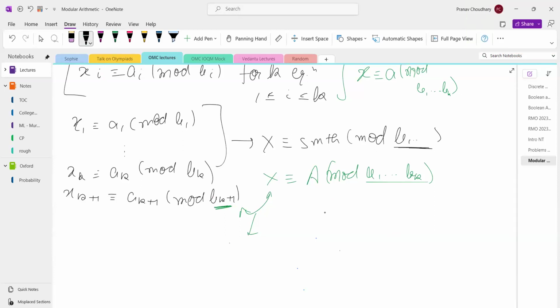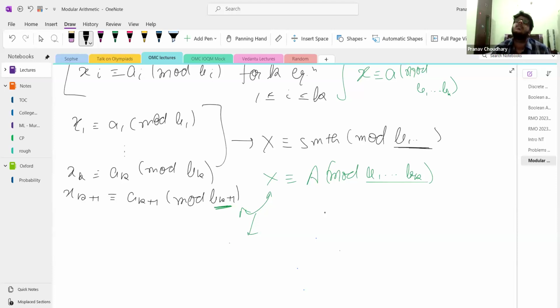Excuse me, sir. We are having these equations. X1 is congruent to A1, and then claiming that X1 is congruent to some A mod B1, B2, and the product. Is there any relation between that A and the earlier remainders?